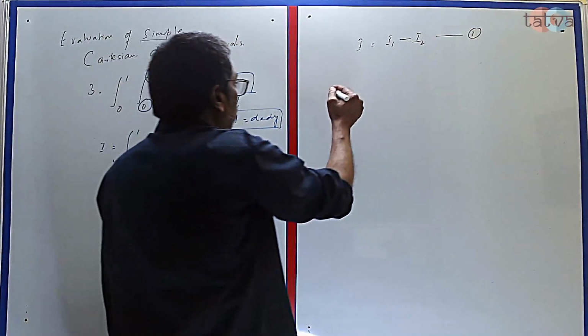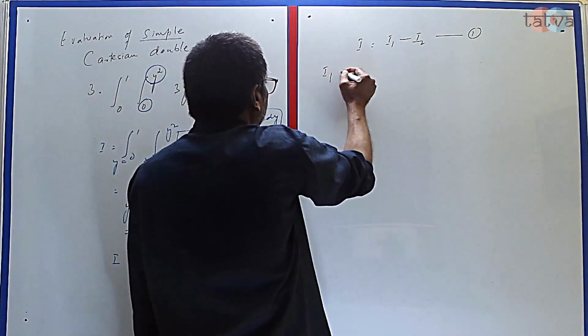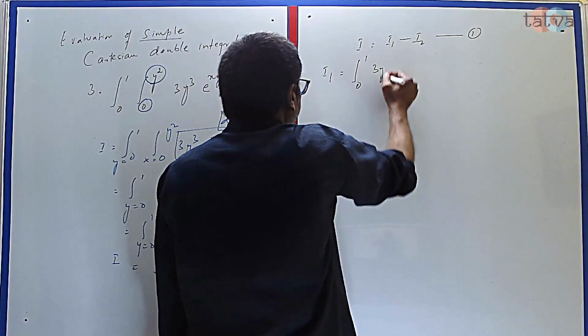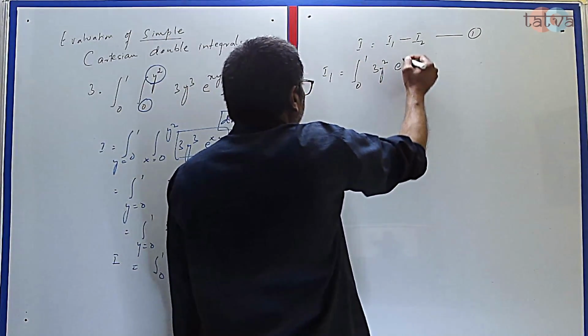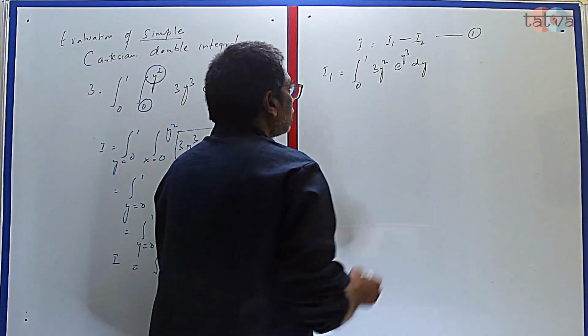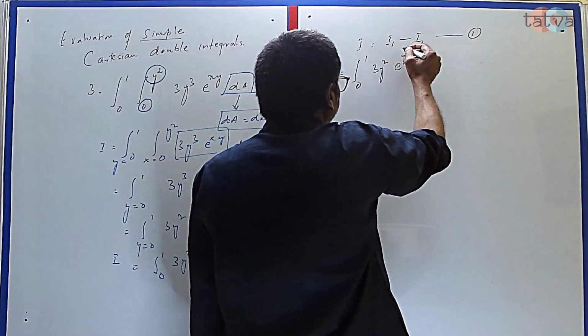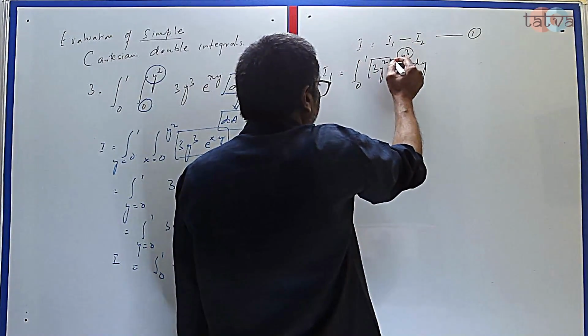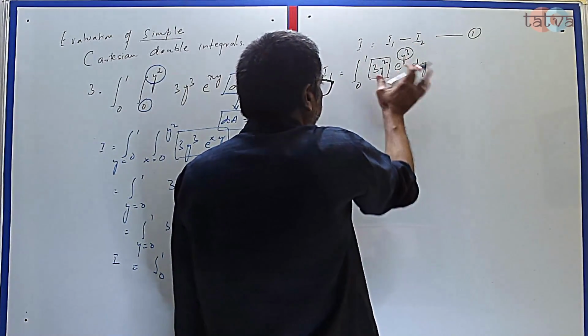So let us talk about I1. I1 is integral 0 to 1, 3y squared, e power y cubed dy. I can easily observe that the derivative of y cubed, which is 3y squared dy, is present.